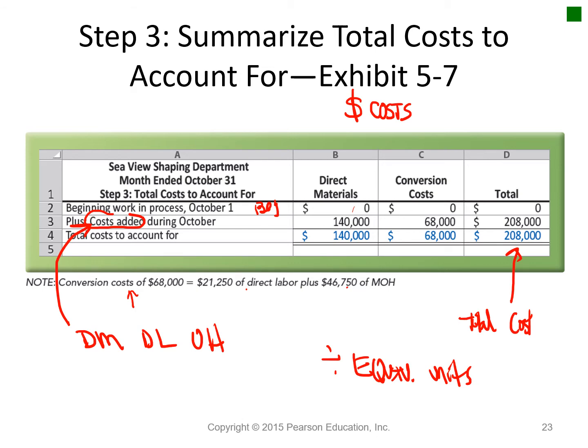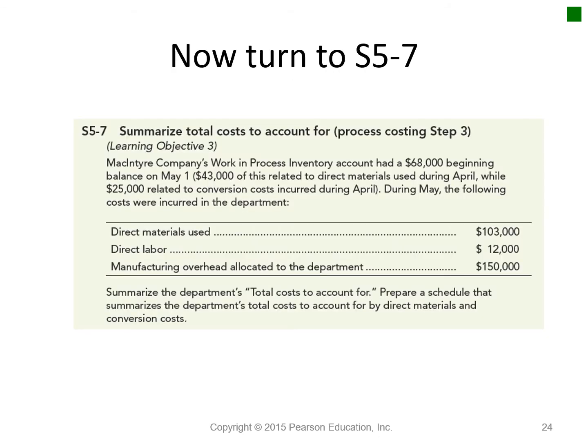That'll be step 4. Okay, so this is short exercise 5.7 from your textbook, and this is the step 3 where they're wanting you to come up with the total cost to account for. Just remember, you want everything that is in work in process, which includes any sort of beginning balances.